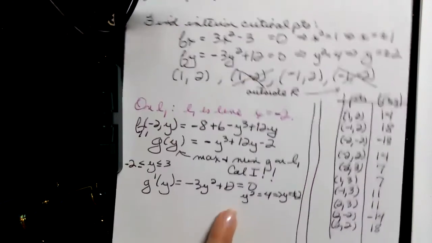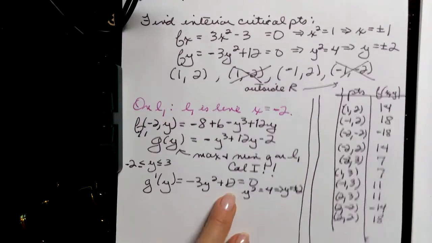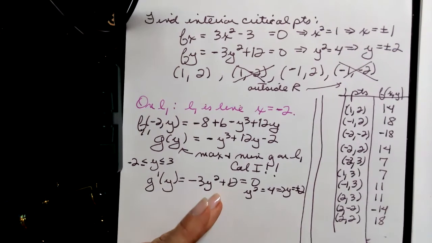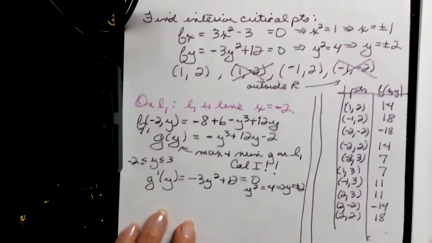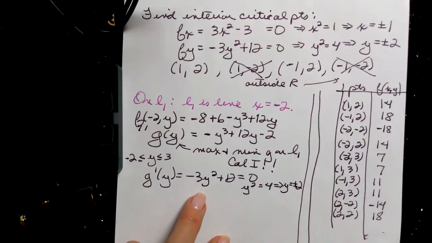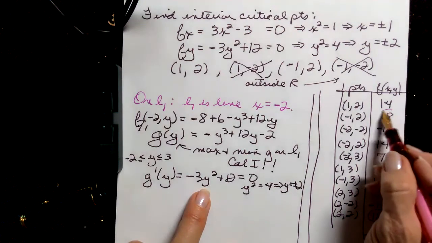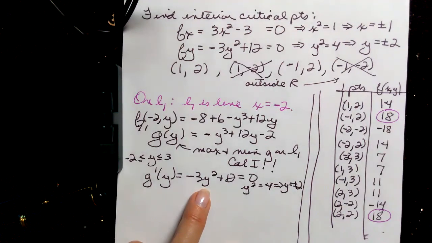Okay, and so that's the list of the value of the function, either at a critical point in the interior or on the boundary at a critical point or at a boundary point. Okay, and so now we look at that and we look at our list. The largest one's the maximum. So the maximum is 18, and it occurs at 2 places.